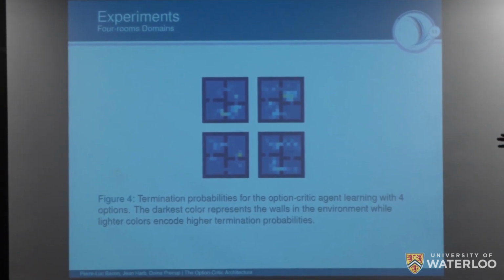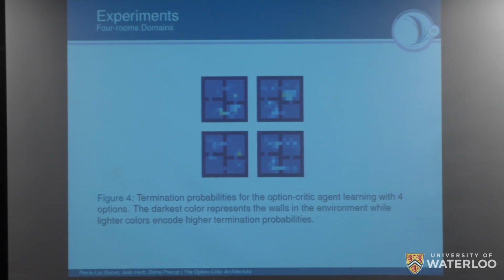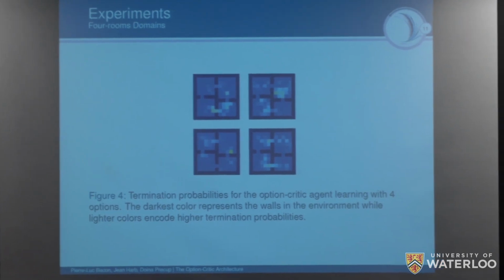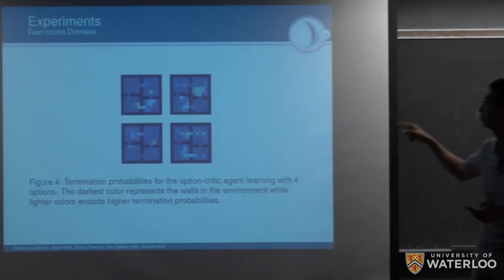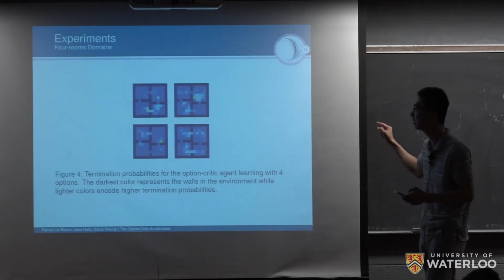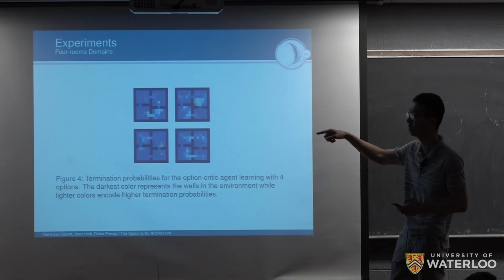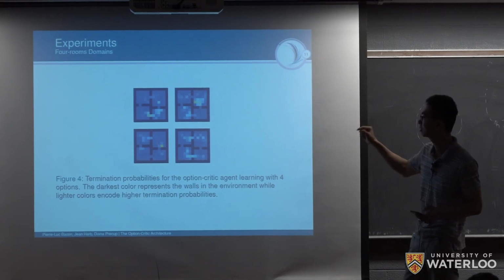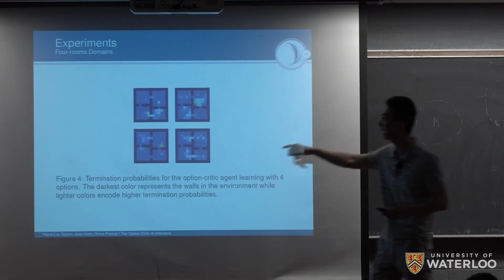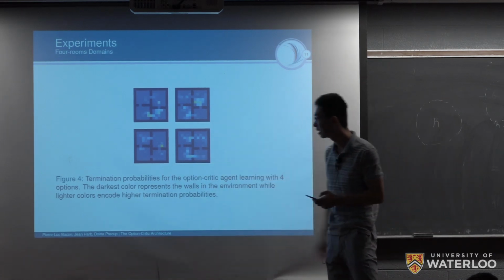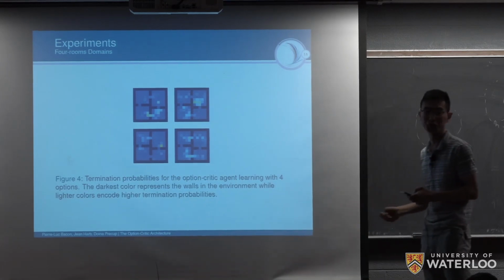The lighter points mean the option has a higher probability to terminate at that point. As you can see, in these four options, most of the termination points are near the gate between two rooms. That fits our intuition.